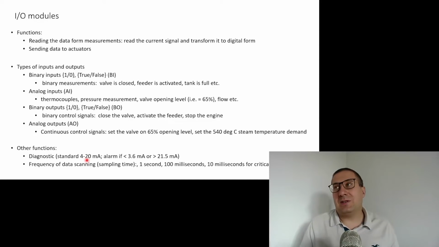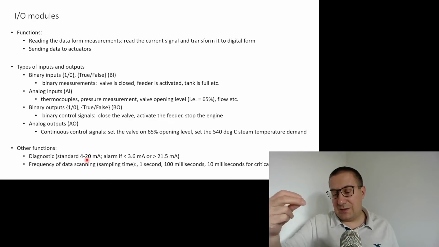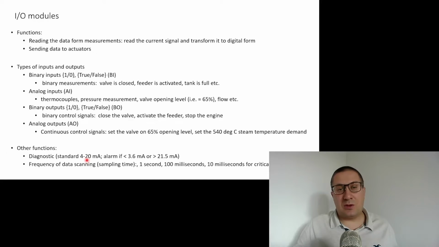And for instance, some control loops will be automatically switched to manual mode, and the operator will have to decide about the load of devices manually, because the control system cannot trust this information.